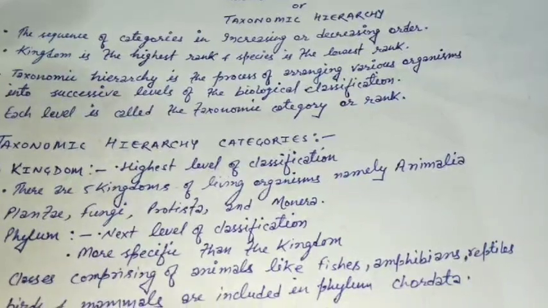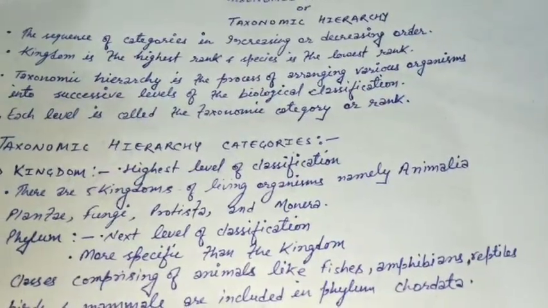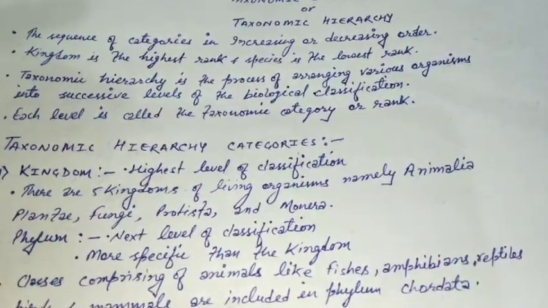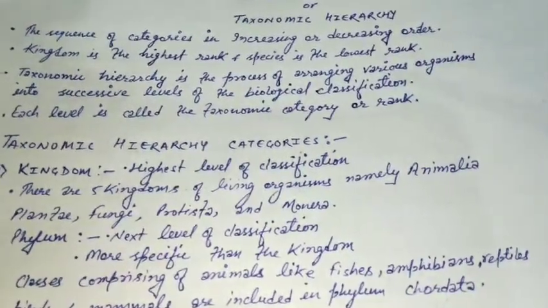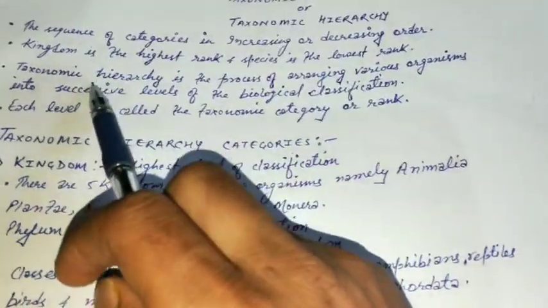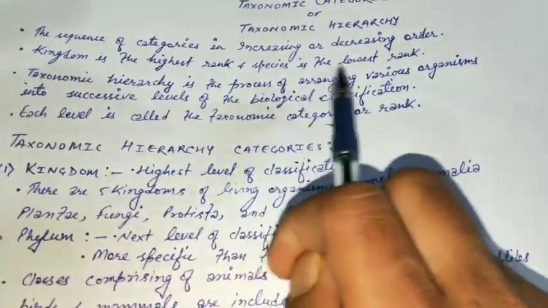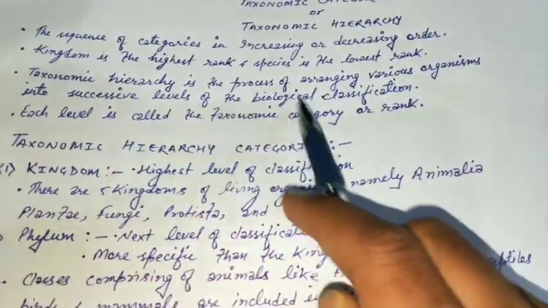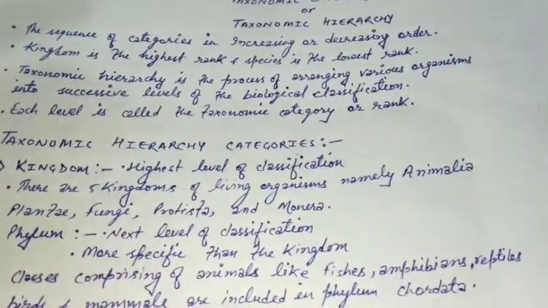It is usually the sequence of categories which are placed either in the increasing or in the decreasing order. So, taxonomic hierarchy is the process of arranging various organisms into successive levels of biological classification.